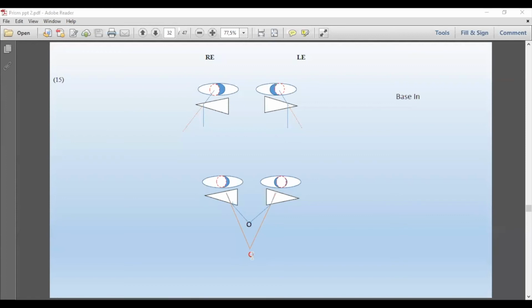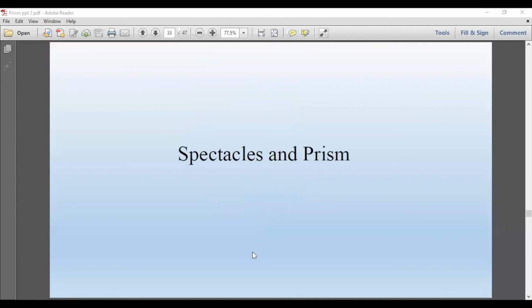If you give them a high add, you add base in to make the reading more comfortable. But you don't have to, because the lens has base in already when they're looking through the reading. But not enough. Well, it depends on what your inset is. It depends on what your fora is. Right, are you all happy with this? Right, spectacles and prism.